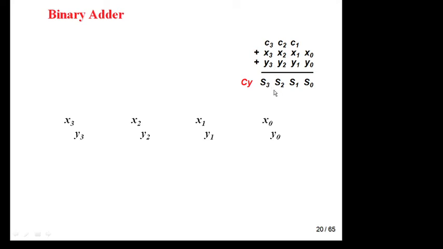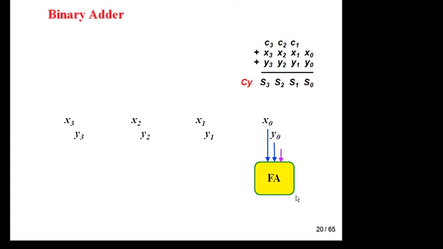So 1011 plus 1101. What you will do? Simply you will add these 2 bits, then one carry is generated, so we will add this carry plus x1 plus y1. Again a carry can generate, so carry plus x2 plus y2. Again a carry can generate, carry plus x3 plus y3, and the final answer is s0, s1, s2 and s3 and carry.